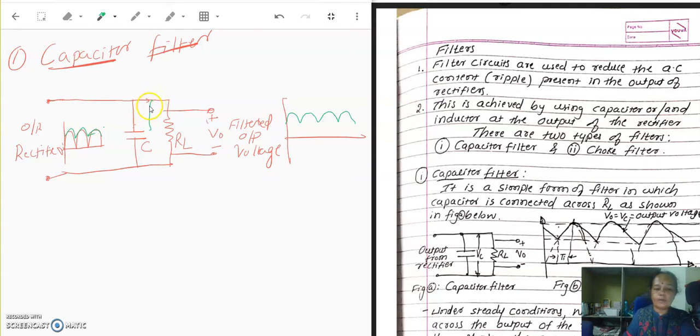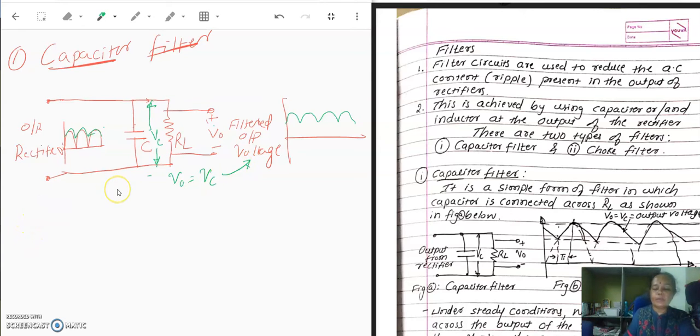The output across the capacitor is referred to as VC, and whatever VC is, that is V0. So the output voltage is nothing but VC, which is the filtered output voltage.